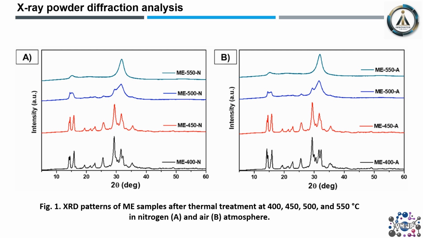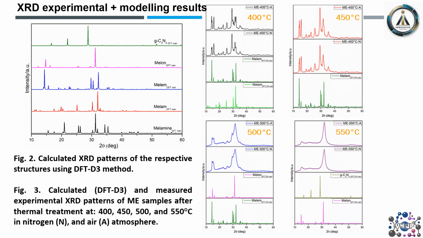Okay, so later we performed the X-ray powder diffraction analysis for our two sets of samples that were heat treated at various temperatures in nitrogen and in airflow to track the changes in the phase and the structure. A slight difference was observed between the intensities of samples heated in nitrogen and in air atmospheres.